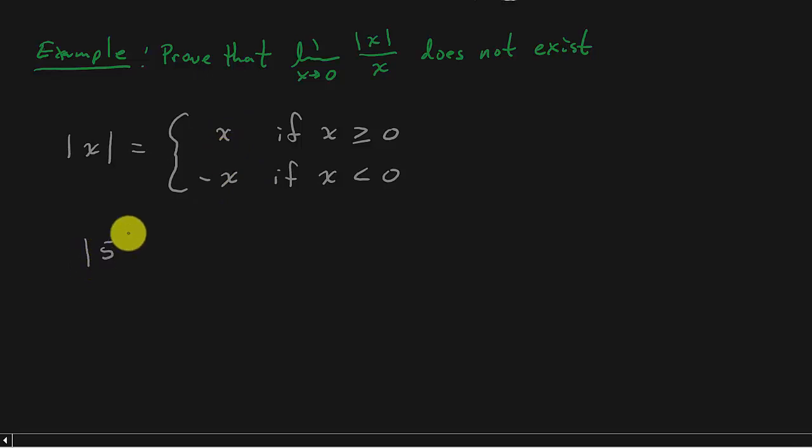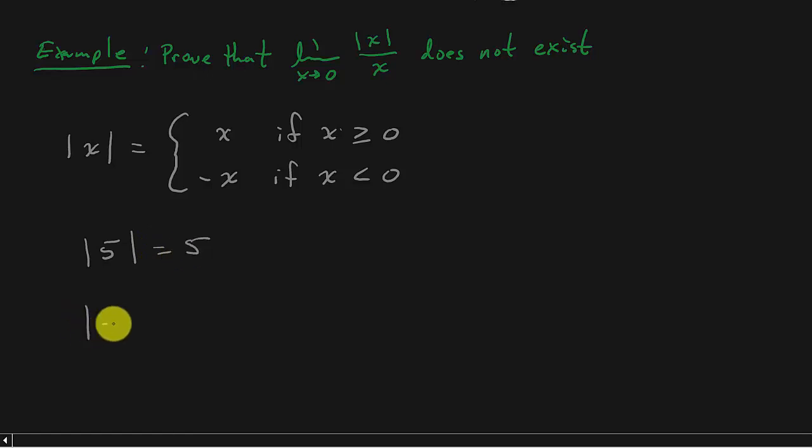Okay, so let's just look at this. The absolute value of 5. Okay, let's use this function to evaluate this. So in this case, you can see x is 5, and 5 is greater than or equal to 0. So that means I'm going to take the 5 and plug it in for x, and that just gives me 5.